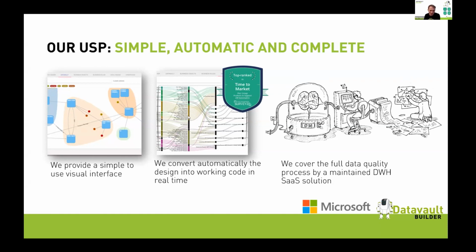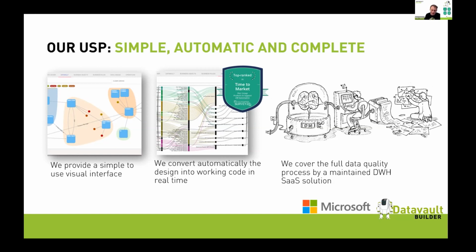This is an important part of the Datavault Builder application, but we're covering everything around it. We support you in infrastructure automation. I will show you, you can run this whole thing on premises, but as well on Azure. We are as well facilitating regression testing. So we have APIs that you can completely use with Azure DevOps to automate your CI/CD pipeline, automate regression testing, and be sure, even if you do very often new deployments to your production system, that everything runs well.